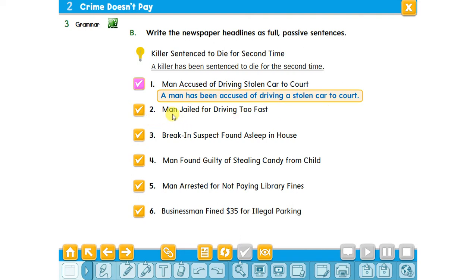هون man jailed for driving too fast. شو بدها تصير هون؟ Man was jailed for driving too fast. نفس الشيء هون. طبعا احنا هون بس اخلص when I finish solving the sentences I will show you the difference.